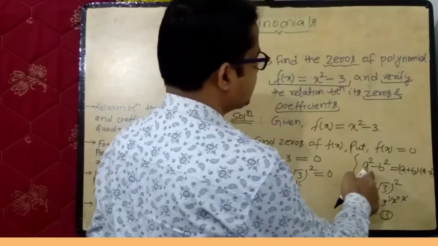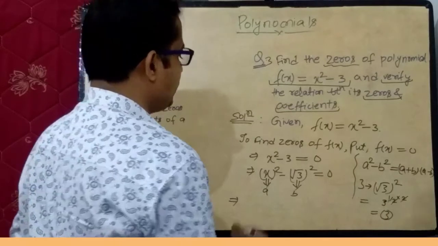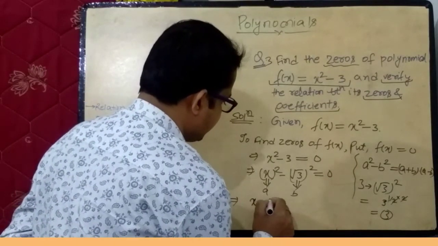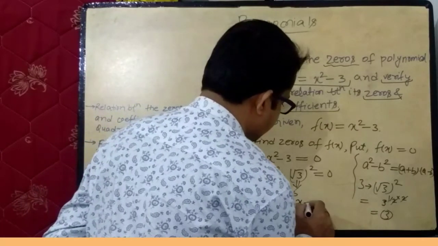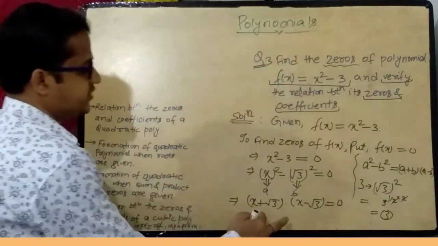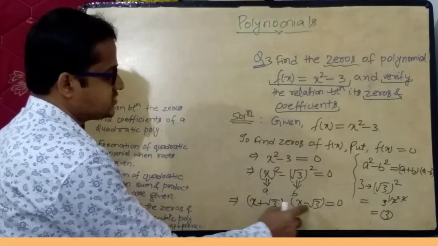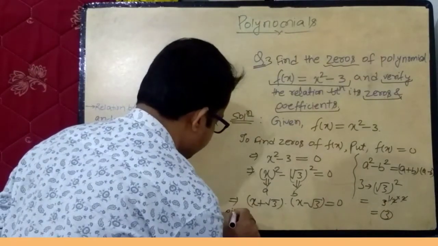We can use the formula a square minus b square equals a plus b into a minus b. Then a plus b, that is x plus root 3, into a minus b, that is x minus root 3, equals 0. If the product of these two terms is 0, then either this term is 0 or that term is 0.